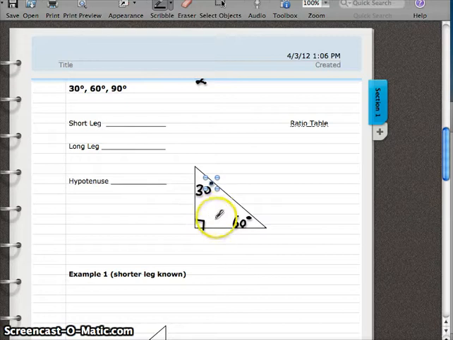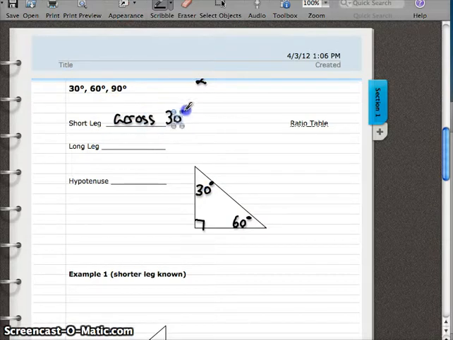So if you think back to when we were talking about triangles and how a shorter side is always across from a smaller angle, that helps you label your short leg. So the short leg is always going to be across from the 30 degrees. So if you look across here, this will be our short leg.